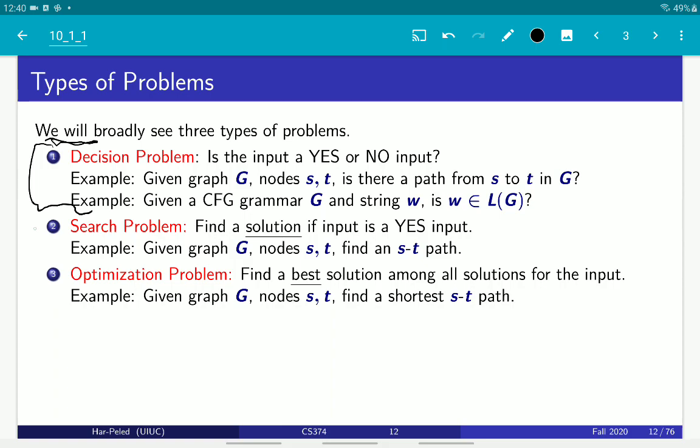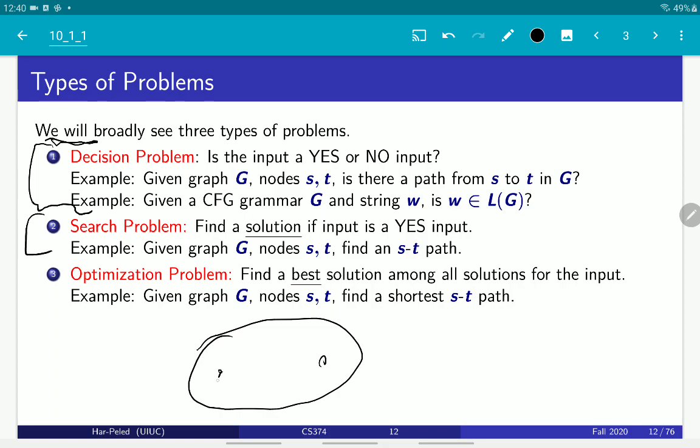The next level above it is the search problem, which says, don't only say yes or no, but give me a solution to the problem. So for example, for this graph example of two vertices and deciding if there is a path between them in the graph, I don't really care whether or not there is a path.